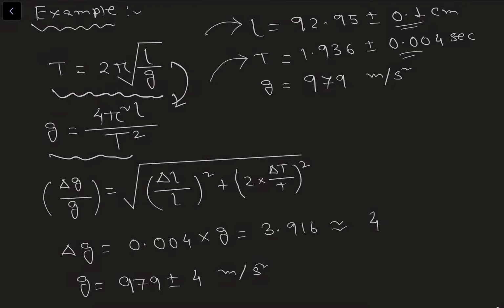From this formula we can easily write g will be 4 pi square L by t square. Now the question is, what will be the error in our measurement? Our calculated g, if we put all the values of L and t in this formula, is coming out to be 979 centimeter per second square, because all the values are given in centimeters.